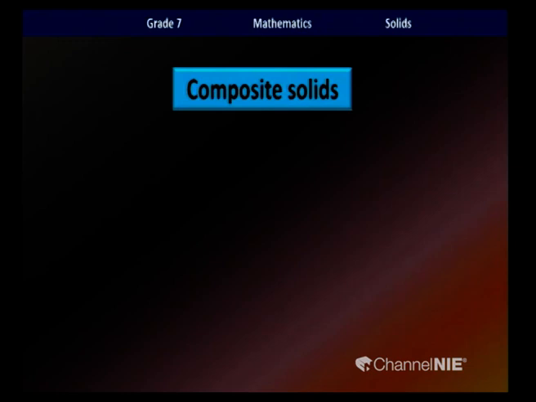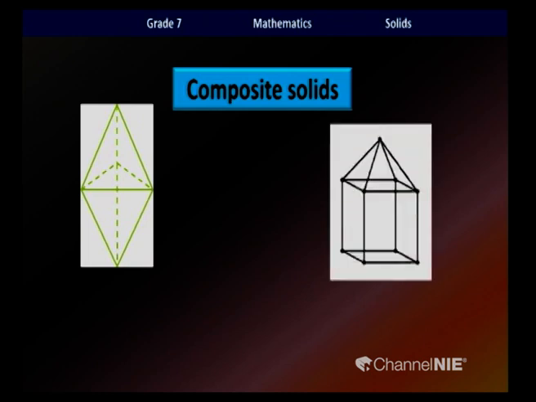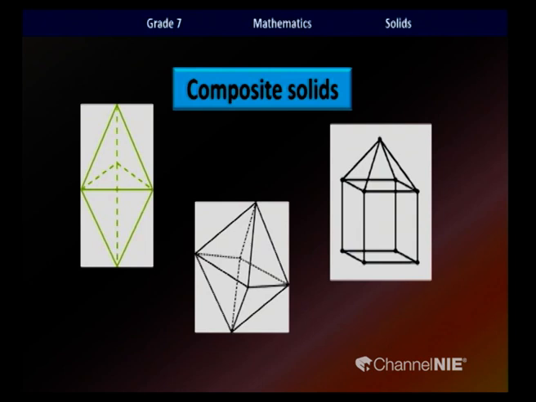Right. Now, we are going to talk about composite solids. Composite solids are solids which are made by combining two or more solids. Here, as you can see, I have presented some composite solids for you.